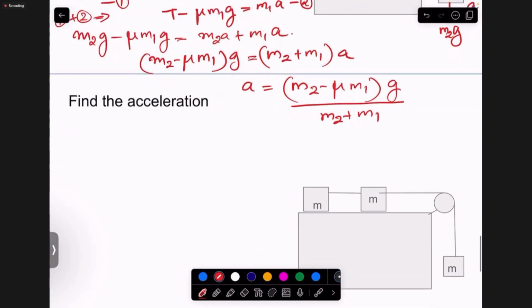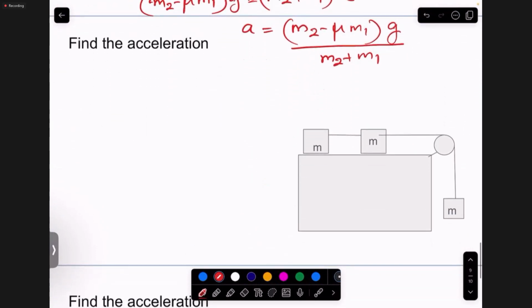Now another question. Here two blocks are under consideration. This is also a rough surface with coefficient of friction mu. Both have the same roughness, so I'm taking the same mu for both surfaces. We need to find the acceleration.